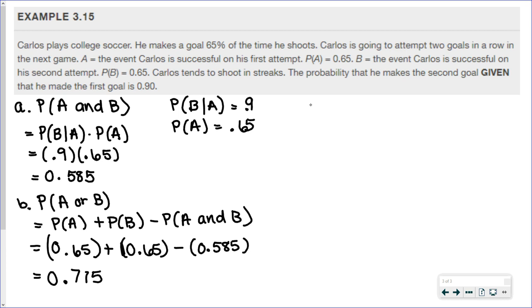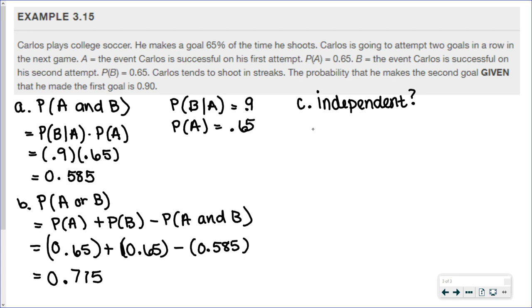All right, letter C. Letter C is asking us if A and B are independent. So I'm going to write independent with a question mark because that's what we're trying to decide. Are the two independent? So if you look in the section, it talks about independence.